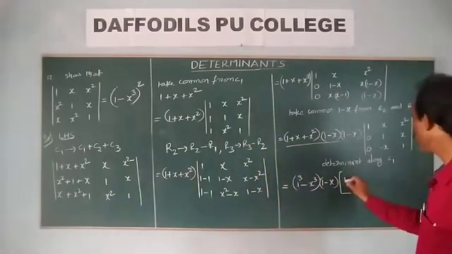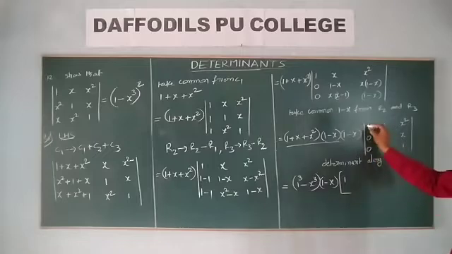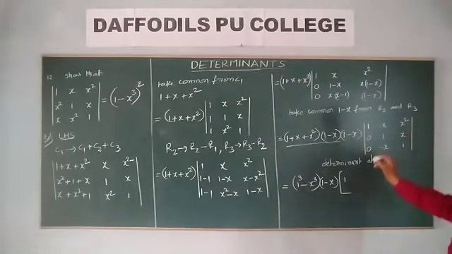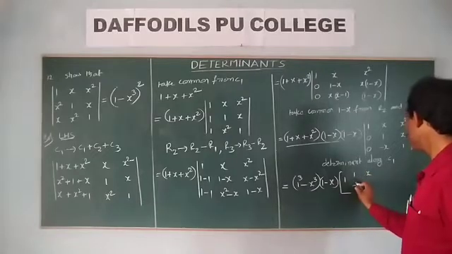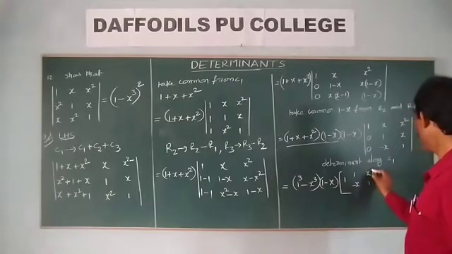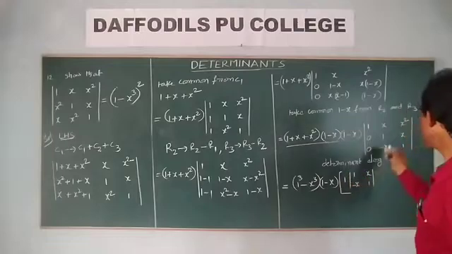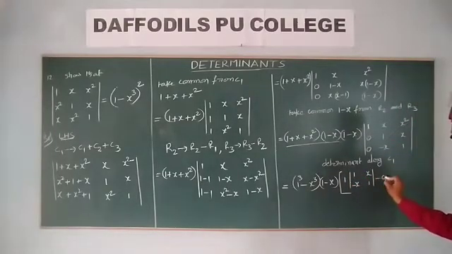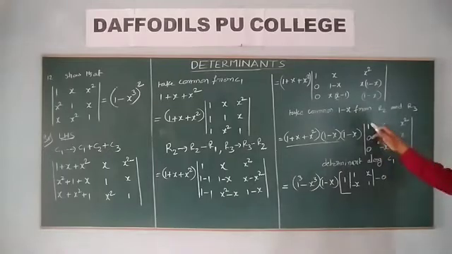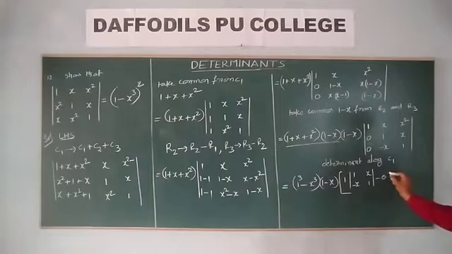Deleting this column and this row, remaining terms 1, x, minus x, 1. Next one, plus minus for this 0, deleting this row and this column, x square, minus x, 1, but 0 into something, that value is 0, so that's why it is not necessary.